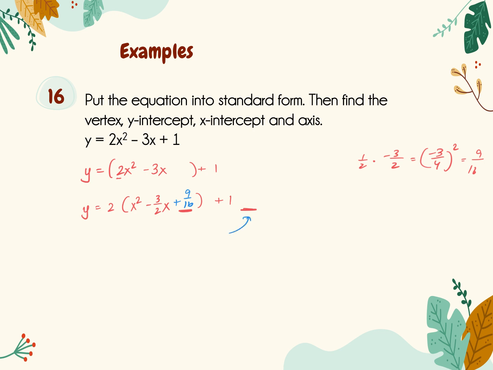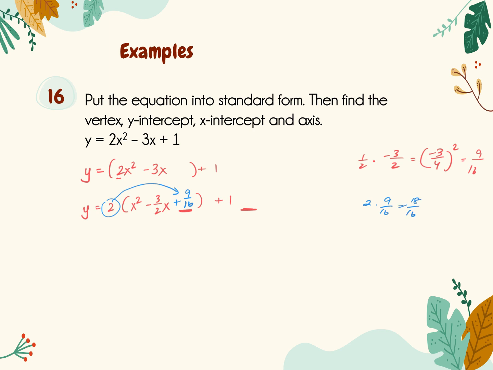But recognize that this 9 over 16 that's in this space is not just 9 over 16. It's 2 times 9 over 16. Notice that that 2 is being multiplied to everything in the group. So 2 times 9 over 16 is 18/16.